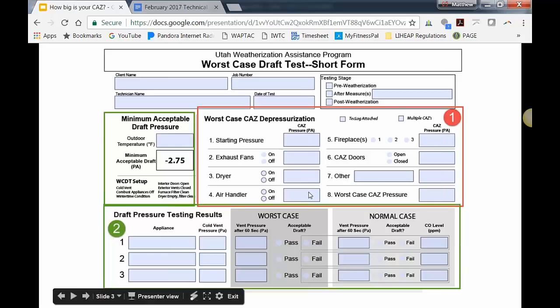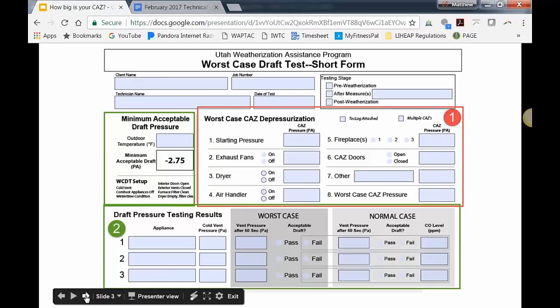Same thing with the dryer, the air handler, the fireplace. And then the most difficult, or the trickiest one, is the doors that affect the CAZ, and then anything else in the home that might affect the pressure in the CAZ. So anyway, when we're talking about how big is your CAZ and we're talking about depressurizing it, we're really talking about this first part of the test.